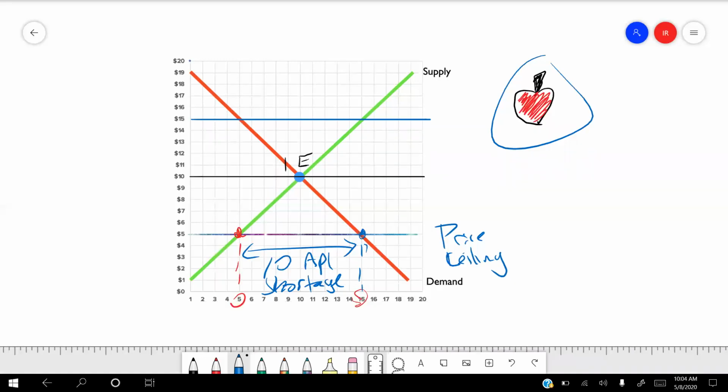You will see there is a reverse relationship between the demand and supply at the market price of $15, looking at the supply and demand lines and the price floor.